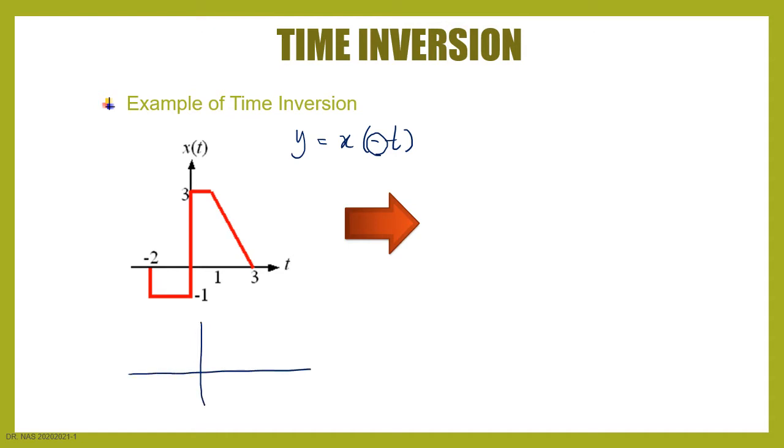All positive t become negative t and negative t become positive t. So 3 becomes minus 3, 1 becomes minus 1, and minus 2 becomes 2, but the amplitude remains the same. The amplitude is 3, and the bottom one is minus 1.